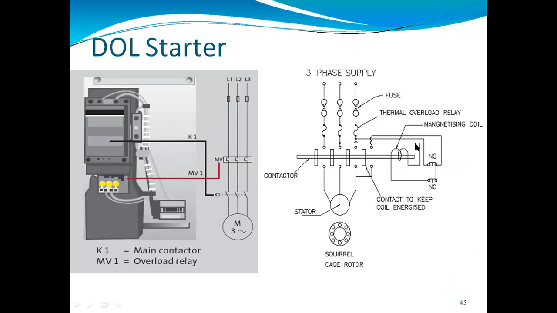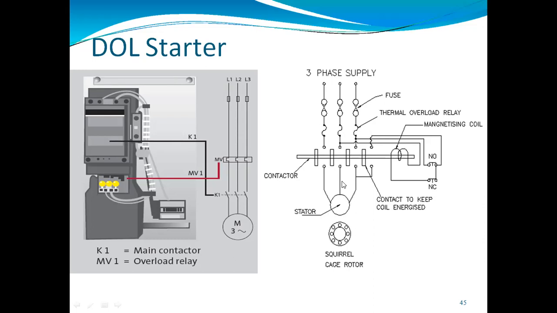In our syllabus we are supposed to use a three-phase induction motor, so we give a three-phase power supply. In direct online starting, the rated supply is directly applied to the motor. You can directly give this three-phase supply to the motor.